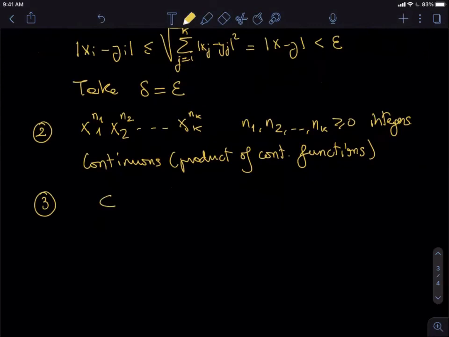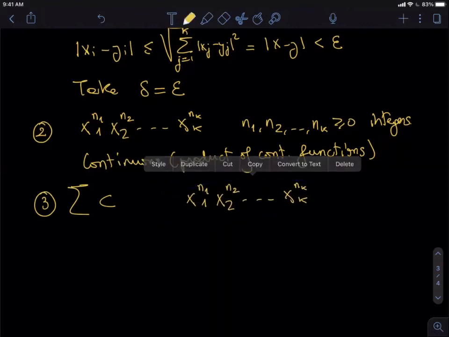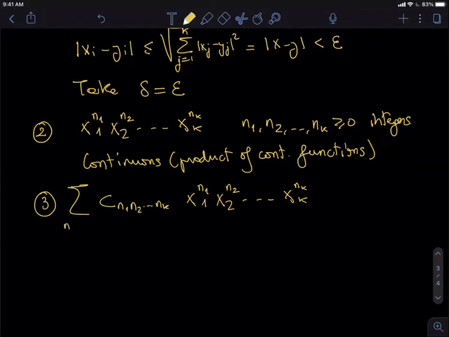So we can write c times the whole thing that we wrote before, and that is continuous too. But we can even add these together. Now I will need different coefficients, so I am going to index these coefficients by the exponents. So this is a sum that runs over n_1 through n_k.